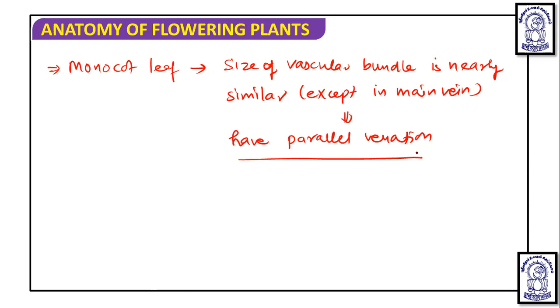So these are some of the differences which help to identify or differentiate the monocot leaf from the dicot leaf.